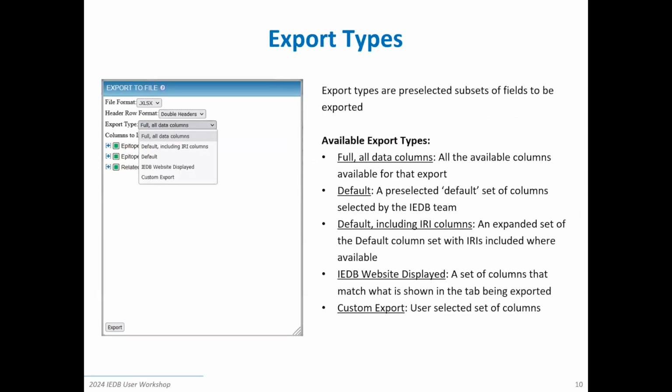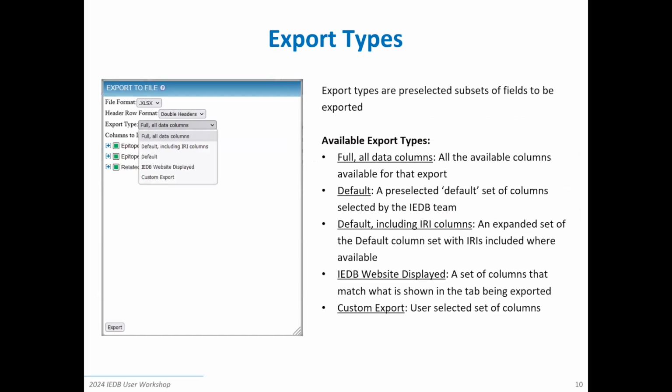The next option that you can choose here is the export type. These are pre-selected subsets of the fields that the IEDB team chooses to group data into.